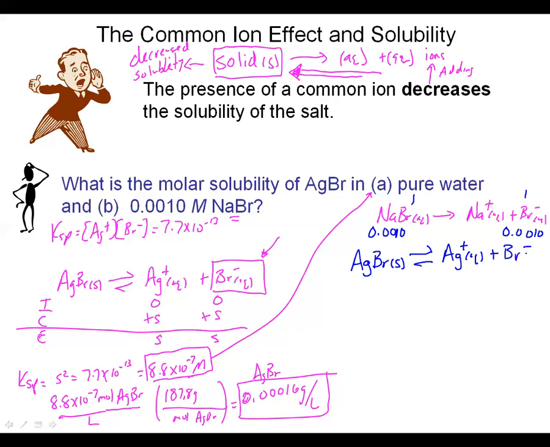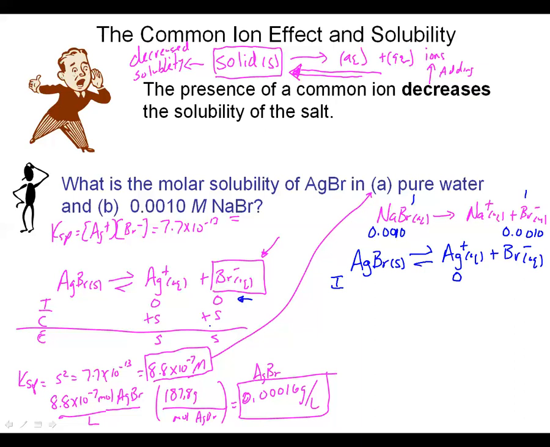And much like a buffer, if you choose to do an ice table, which you do have to do in this case, when we talked about buffers and doing ice tables, it's important not to just randomly zero out both of these. If you zero out both of these to start with, you essentially are going to be doing the exact same problem we just did.